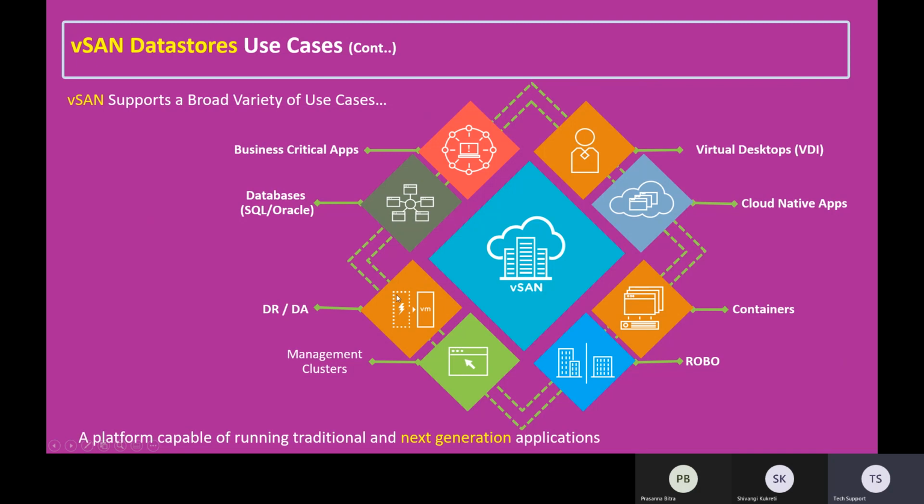When any disaster happens at the primary site, you can restore to the disaster recovery site, that means the second available site. And we can configure management clusters also on vSAN, and it supports ROBO. ROBO's full form is remote office branch office. Suppose in my organization I have some remote offices and branch offices. Even in your remote branch office, it allows you to configure vSAN data stores.